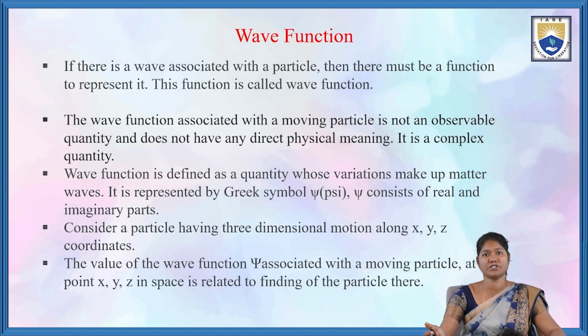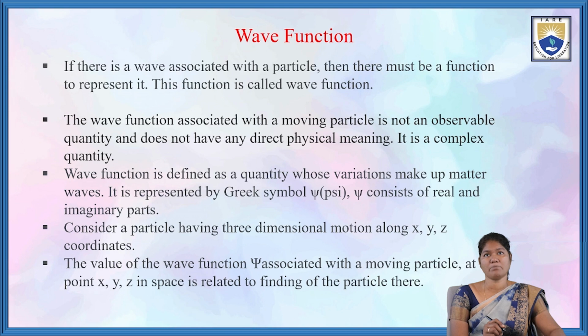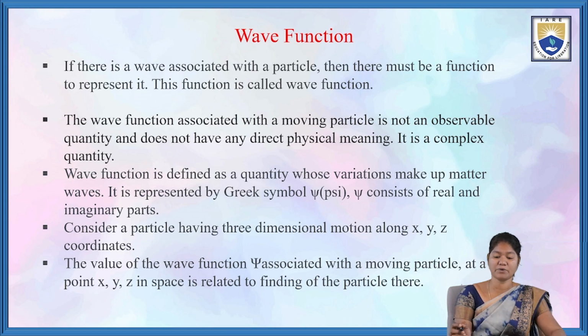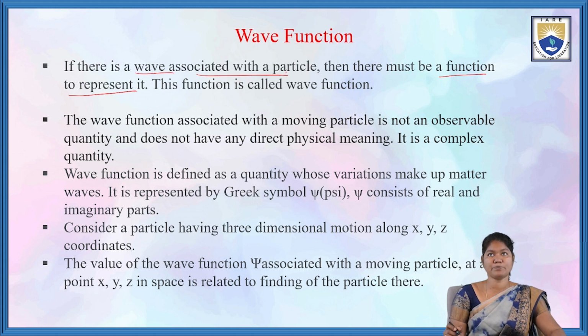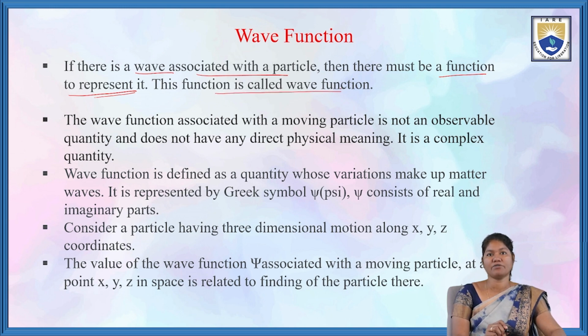So first of all, we shall see what is a wave function. If there is a wave associated with a particle, then there must be a function to represent it. This function is called the wave function.